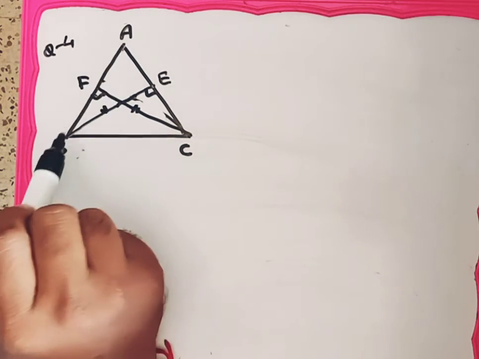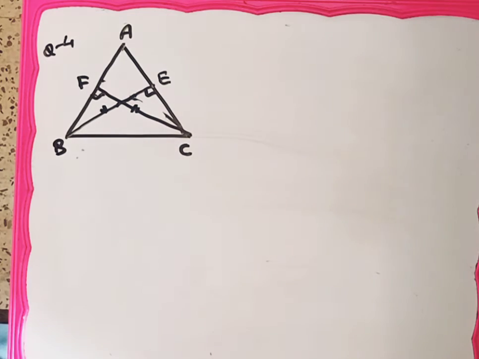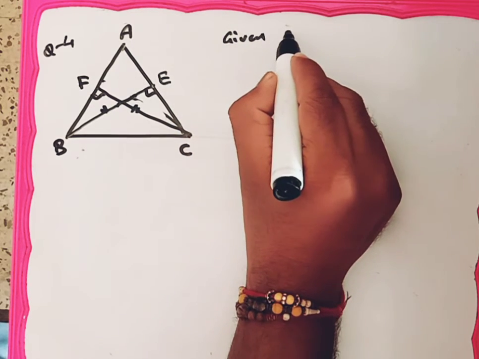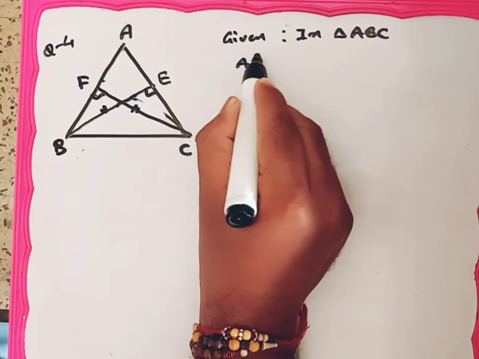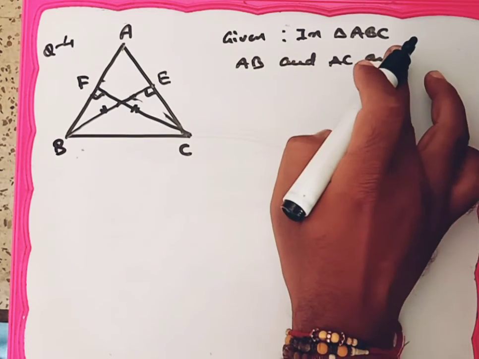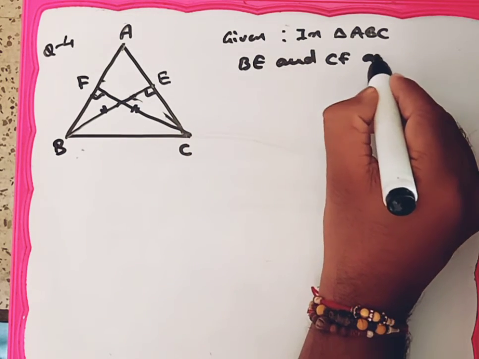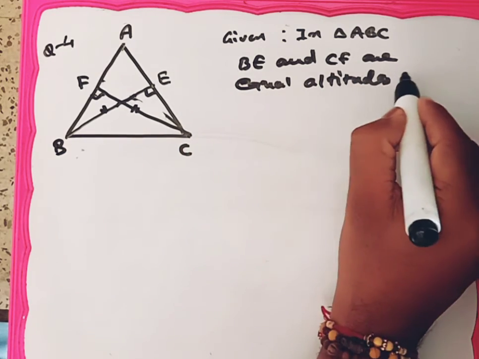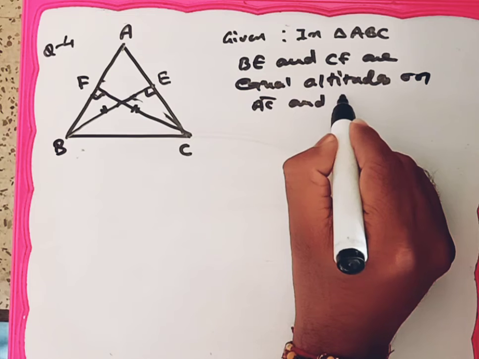Question number 4: we have in triangle ABC, BE and CF are two equal altitudes. So the given information is, in triangle ABC, BE and CF are equal altitudes on AC and AB.